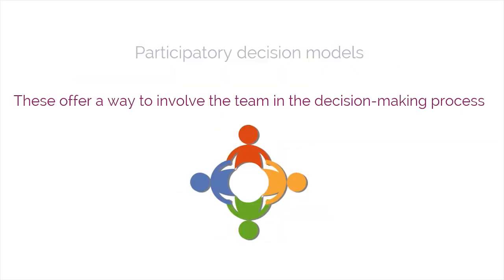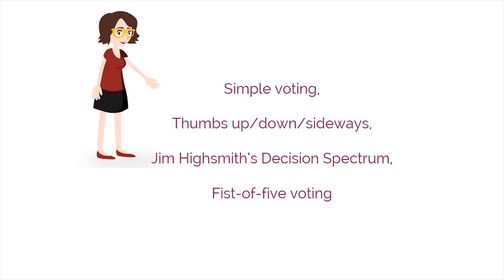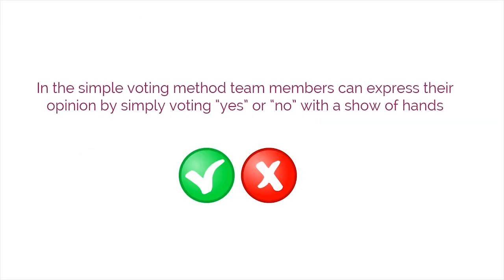Now let's look at some participatory decision models. These offer a way to involve the team in the decision-making process. Some of the models are simple voting, thumbs up, down, sideways, Jim Highsmith's decision spectrum, and fist of 5 voting. In the simple voting method, team members can express their opinion by simply voting yes or no with a show of hands.